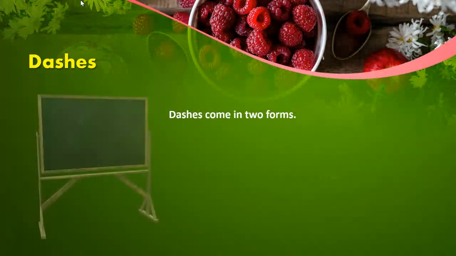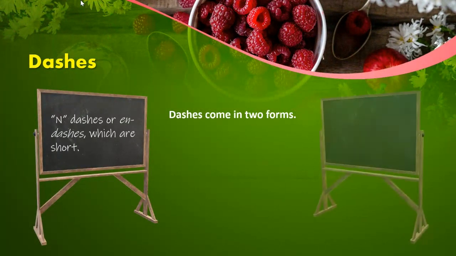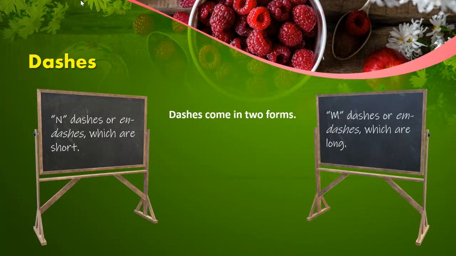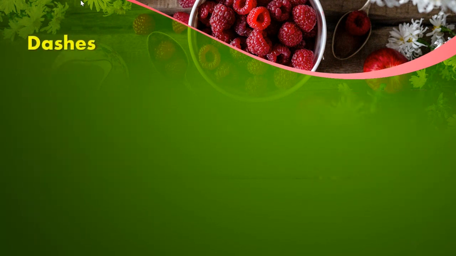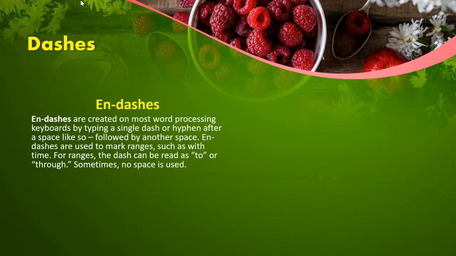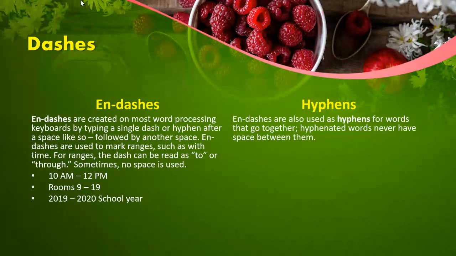Now let's discuss dashes. Dashes come in two forms: N dashes, which are short dashes, and M dashes, which are long dashes. N dashes, or short dashes, are different from hyphens. N dashes are created on most word processing keyboards by typing a single dash or hyphen after a space, followed by another space.